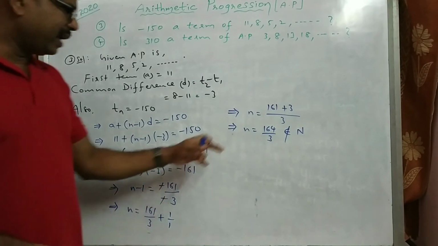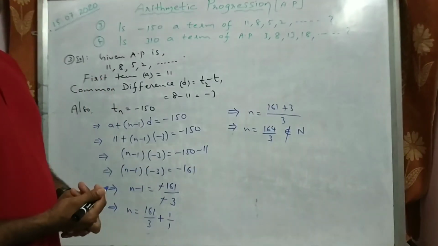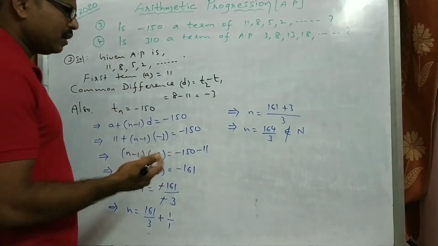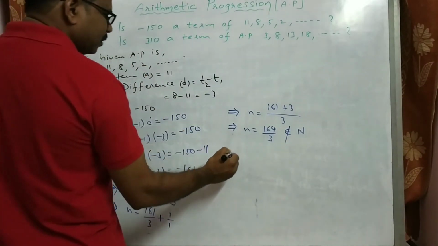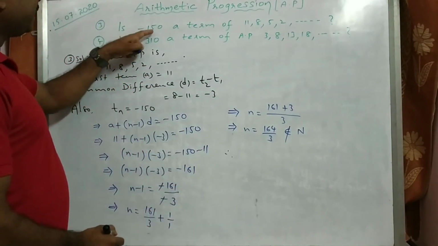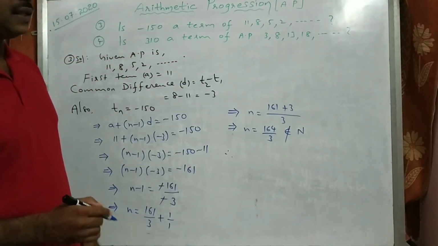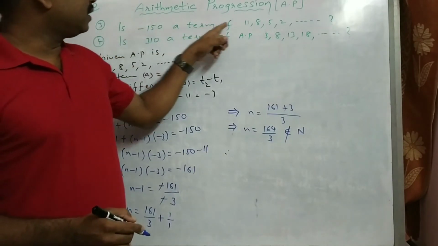We cannot get a fraction for the n value. The n value should always be a positive integer, that means a natural number. But we got a fraction here, a rational number. So we will never get minus 150 in this progression. What is the question? Is minus 150 a term of this?